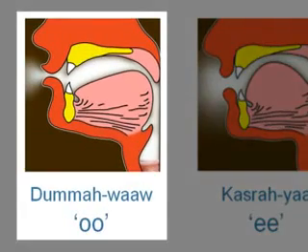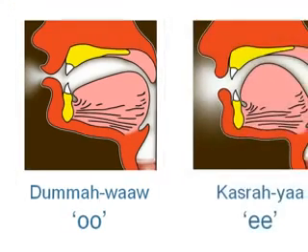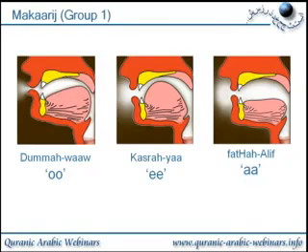And the third one is the dummah waaw, and if you say oo, you make a round circle with your lips and the back of your tongue will raise, and again the air is flowing nicely through the oral cavity and the front of your mouth, i.e. through the lips. So in essence, with all of the long vowels, the air just flows through your mouth all the way from the bottom of the throat, through the oral cavity, and through your lips.